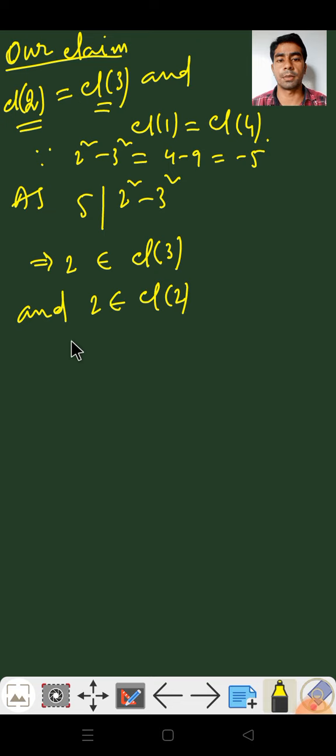So by the property of equivalence classes, two equivalence classes are either mutually disjoint or have the same elements, either equal or mutually disjoint.